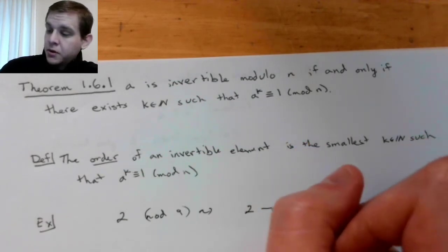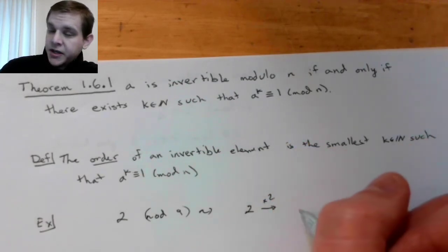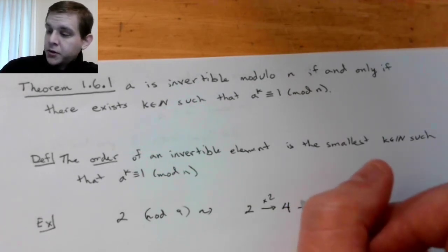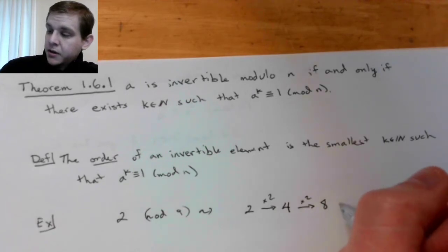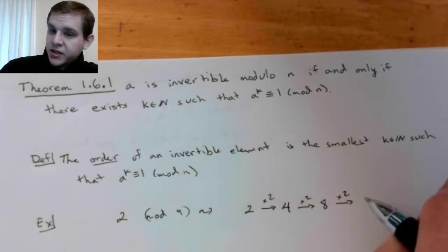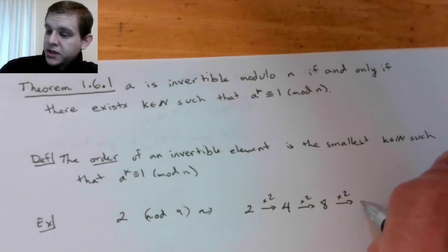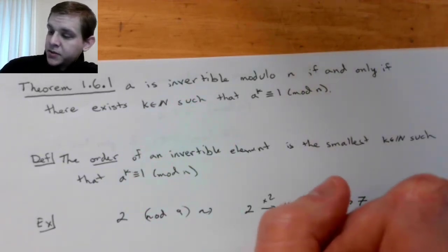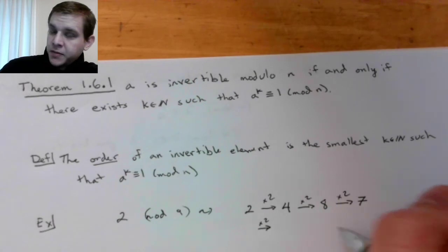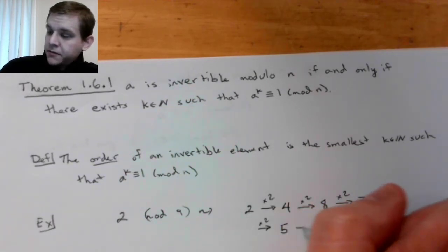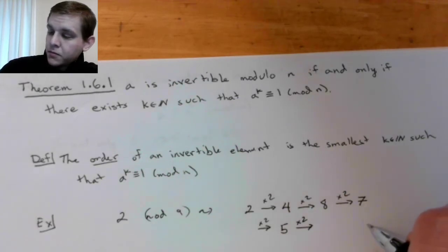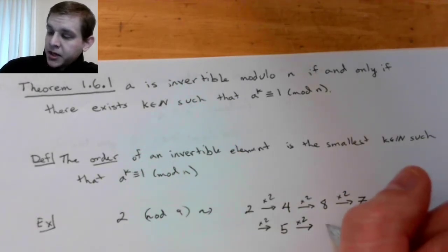Well, 2, when I multiply by 2 again, goes to 4, which is still mod 9. 4 times 2 goes to 8. 8 times 2 goes to 16. 16 mod 9 is 7. 7 times 2 goes to 14. 14 mod 9 is 5. 5 times 2 is 10. 10 mod 9 is 1.